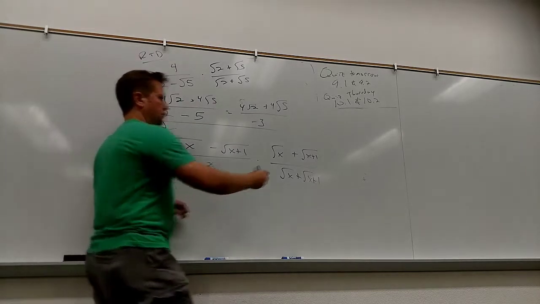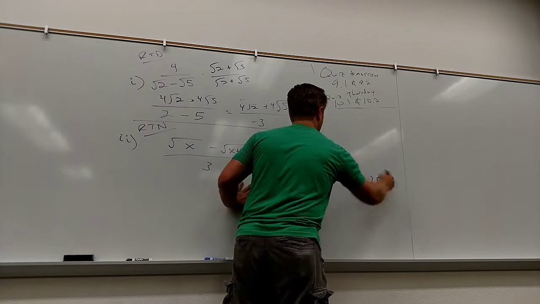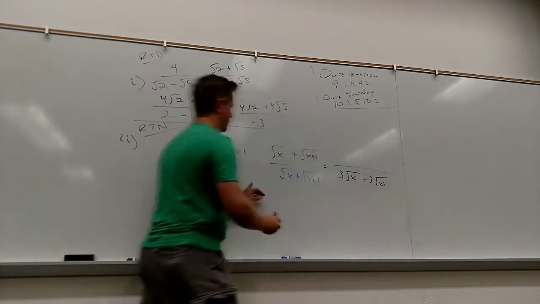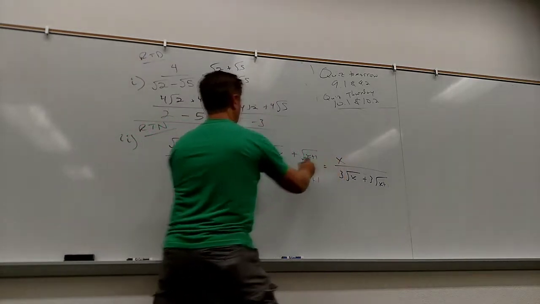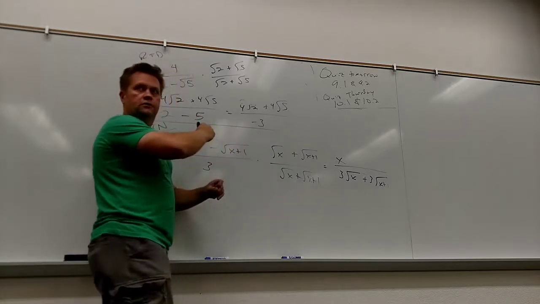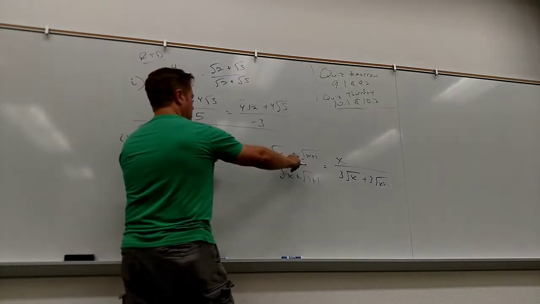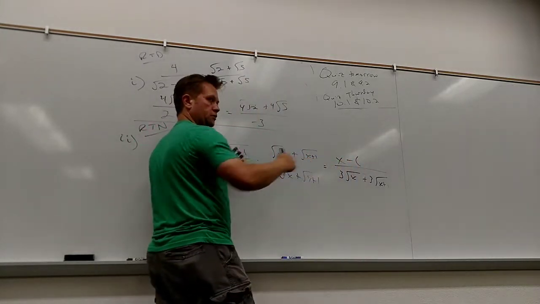Right? So I'll do the bottom. And what do you get on the top? You get x. And then the middle terms cancel, right? That's how we design this. How it's always going to be when you do a conjugate. And then you get minus, what's rad x plus 1 times rad x plus 1?